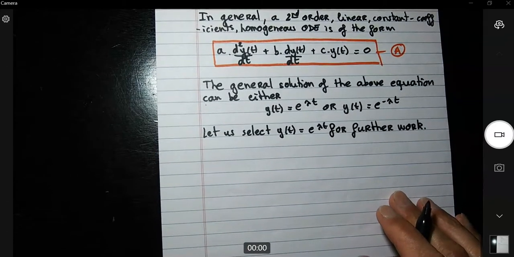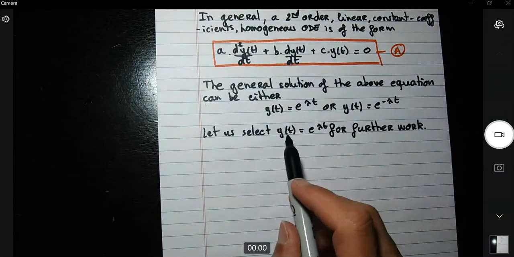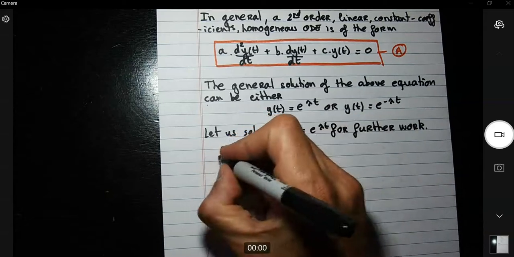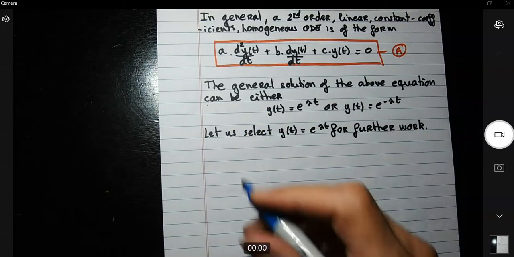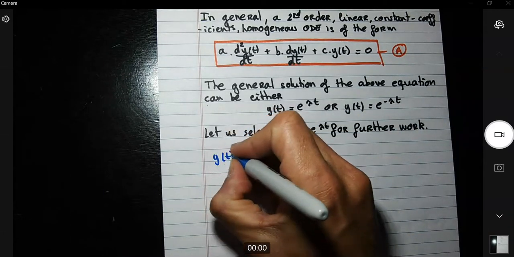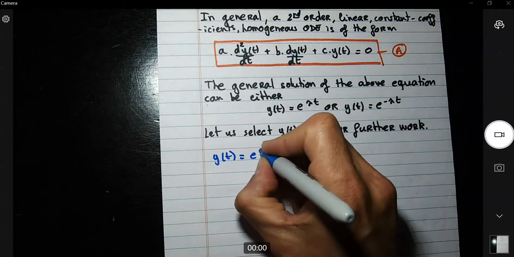Okay, so what we're going to do is assume the solution to be y of t equal to e lambda t.